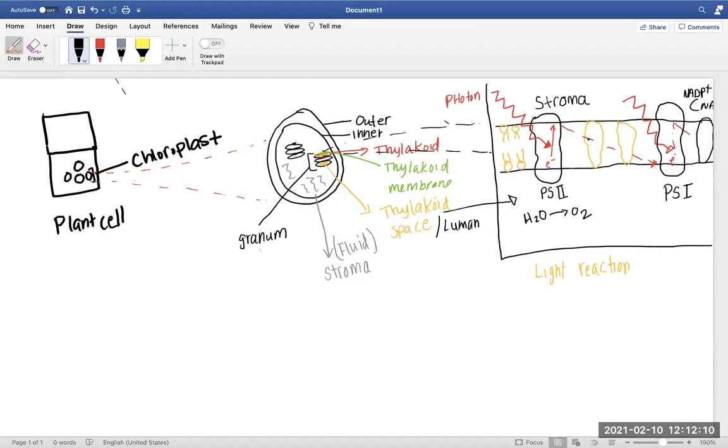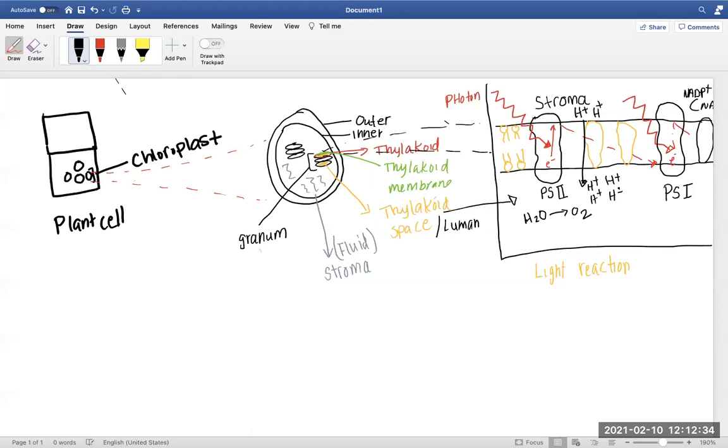Is the energy going to the reaction center? Energy is being used to take these hydrogen ions and pump them inside the thylakoid space. So you have a high concentration of hydrogen ions inside compared to the outside.